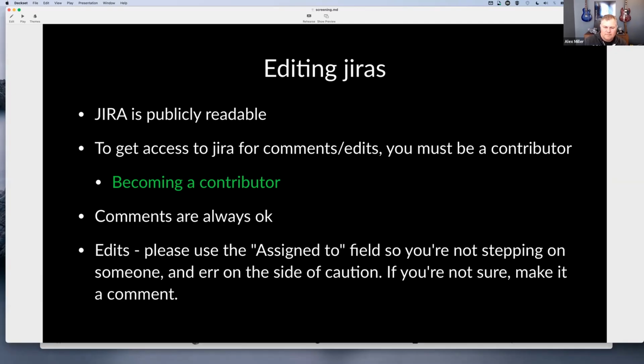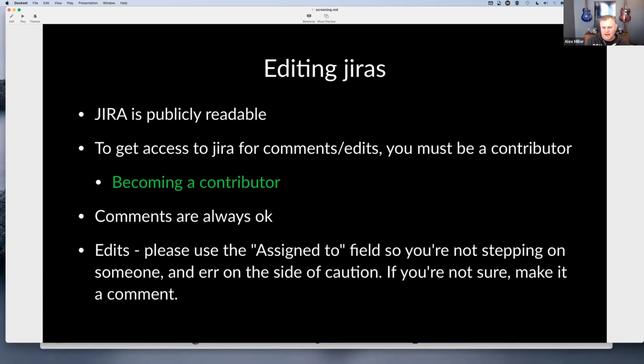Edits. If you're going to really be editing the issue and making updates to it, it is helpful if you use the assign to field so that you can let people know that you're working on this issue right now. And it's helpful then also to unassign it once you get done working on it so that other people know.